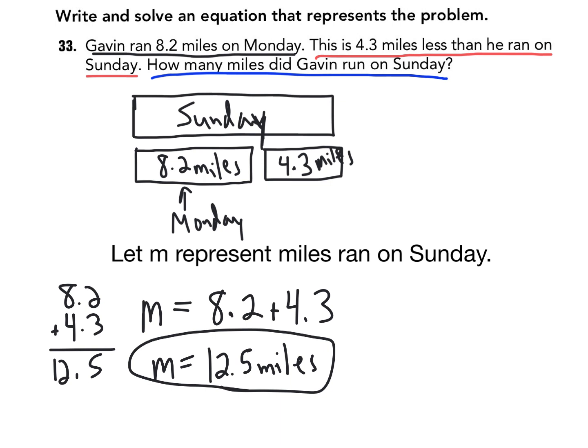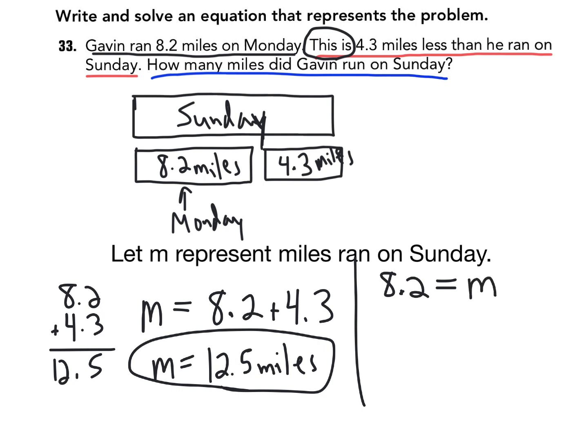Another way you could look at this is if you take the information they gave you. They said first 8.2 miles on Monday. It says this is, so another way you could write an equation, you could say 8.2 equals 4.3 miles less than he ran on Sunday. So what he ran on Sunday, we don't know.